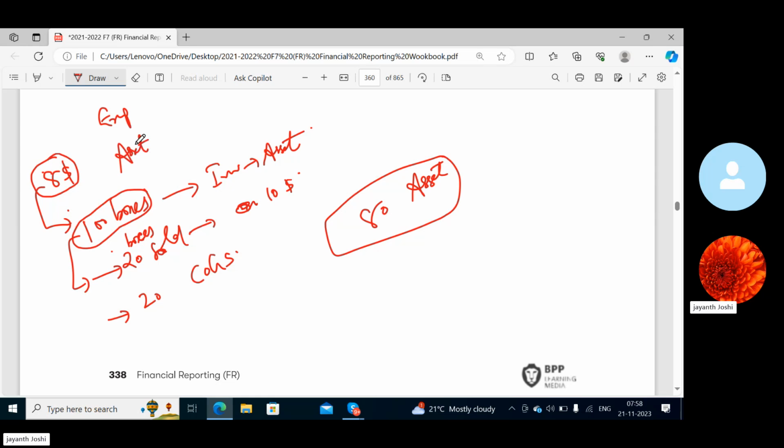The answer is, when you bring the inventory at once, the entire lot, and it is with you today, and it is not in the process of sale right now, you are just holding it. Whenever it is held with you, it is always an asset. That's the reason why we say closing inventory is always an asset. Am I right? Yes, sir.